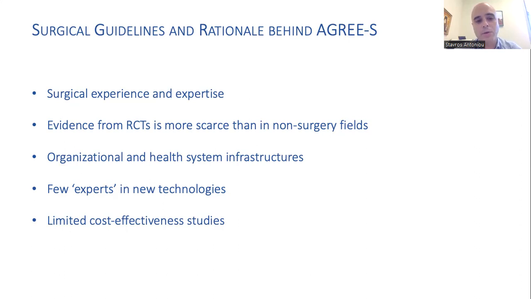And there are few experts in new technologies, and this makes their participation in guideline projects unique, because on one hand they usually have some kind of conflict, usually financial, but non-financial conflicts are also strong, and may have a very pronounced effect. And on the other hand, we need them on board because they have a broader knowledge around this specific topic.